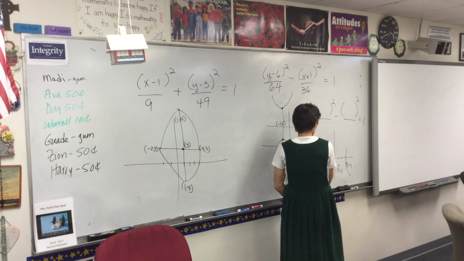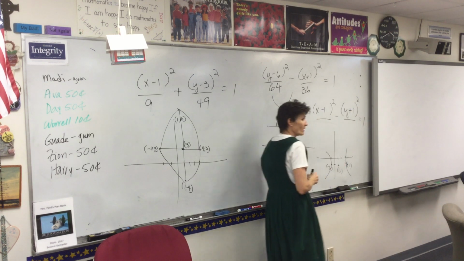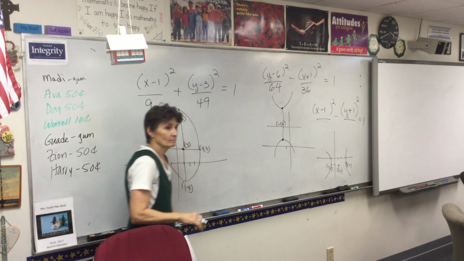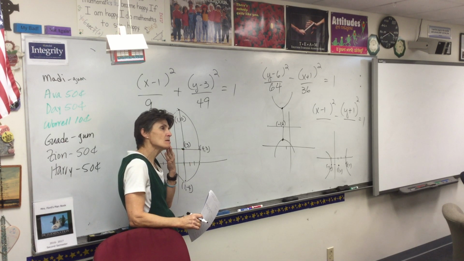Okay, that's the center. It opens sideways. So x minus 1, y plus 1, does that look okay for the top? What's going through my head? It opens sideways, which means x comes first.